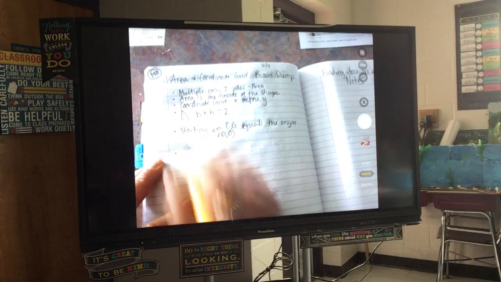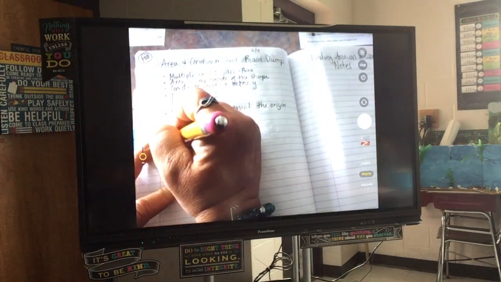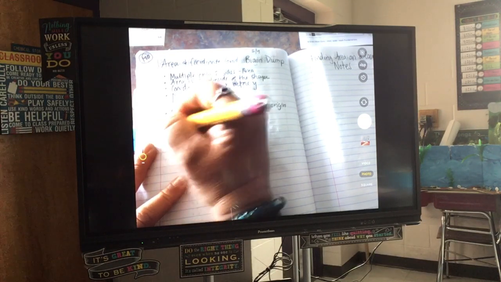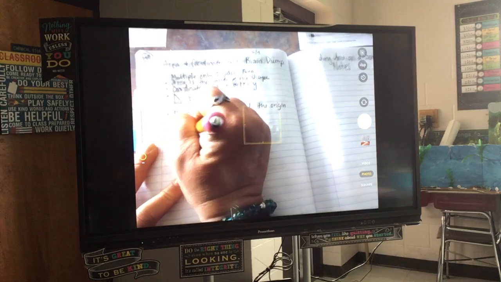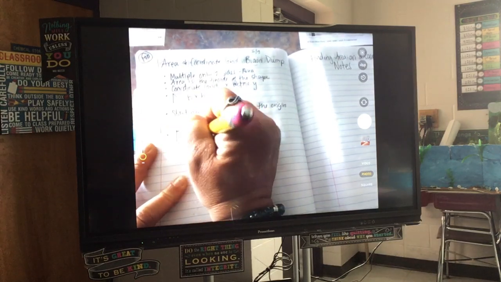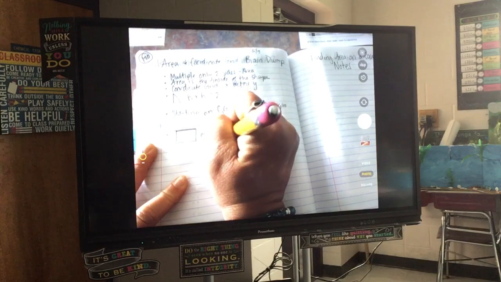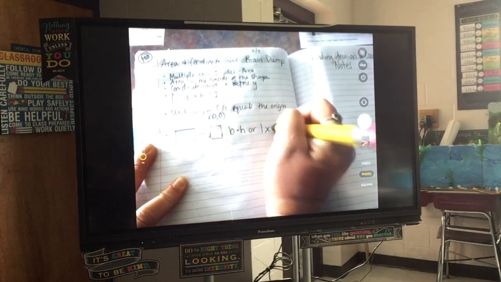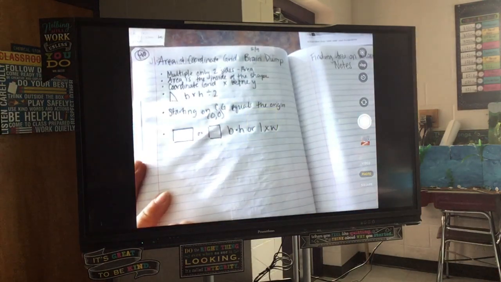For length times width. For what shape? Triangle, divided by 2. Half of. Does that make sense? Okay.